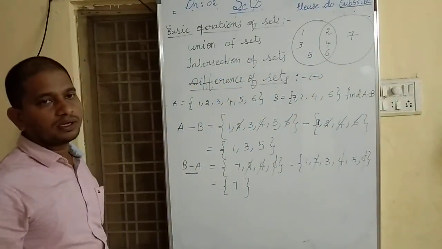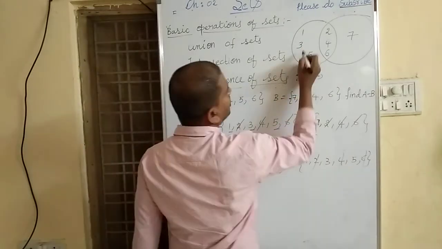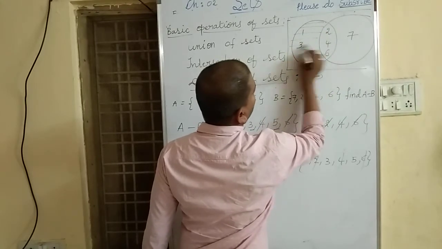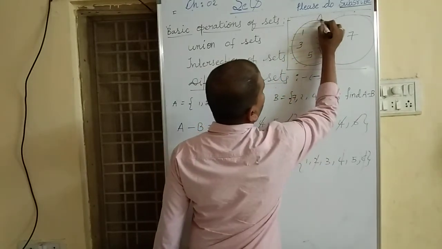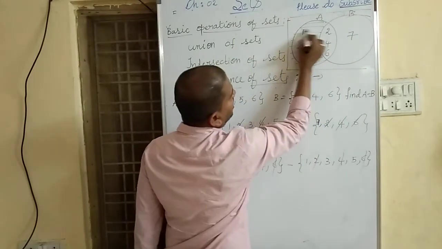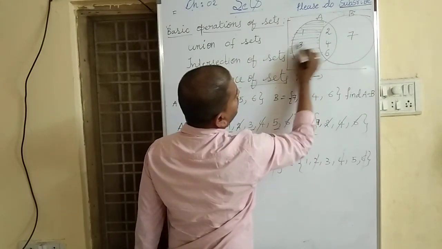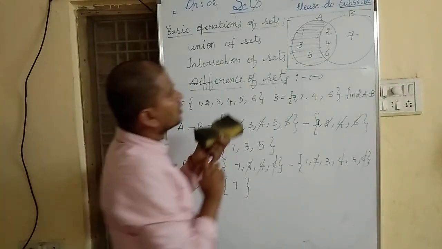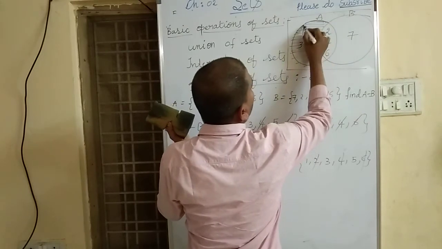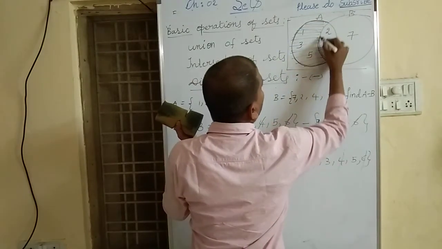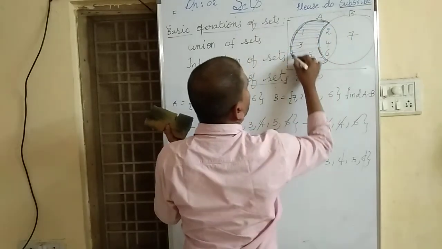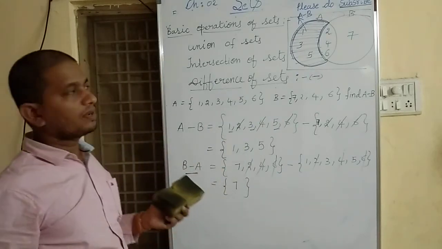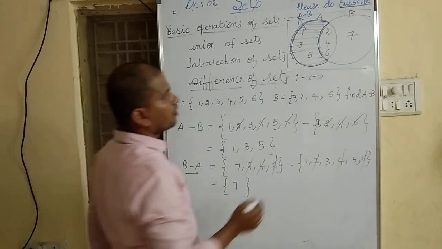What do you mean by A minus B? Only this part. If this is A and this is B, only the shaded part is our A minus B. This is called A minus B. And what about this part?